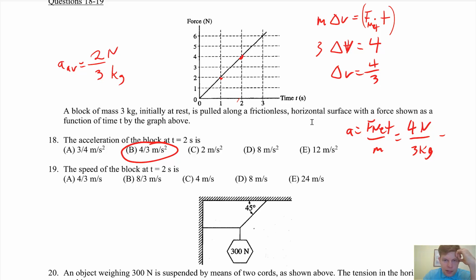And then we just multiply that by 2 seconds. We'd say VF equals VI plus AT. VI was just 0 initially at rest. And then acceleration times time. So we got 2/3 times 2. And again, we get 4/3. So either way you want to do it.